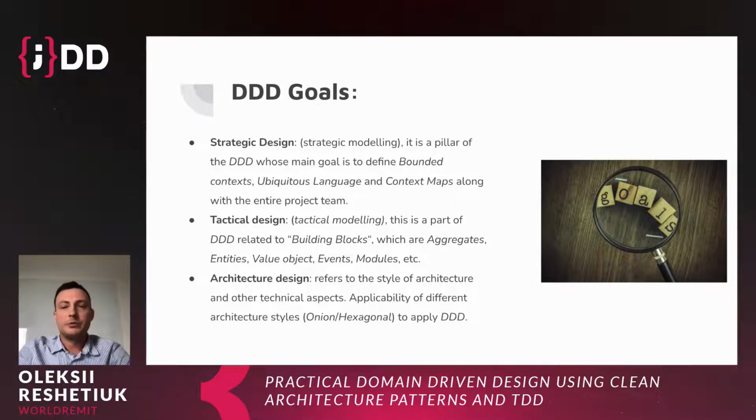This is a part of DDD related to building blocks, which are aggregates, entities, value objects, events, modules, etc. And we will go through all of them later. And third is architecture design, which mostly refers to the style of architecture and other technical aspects, like defining the applicability of different architecture styles. It could be onion or hexagonal architecture to apply with our DDD, okay?